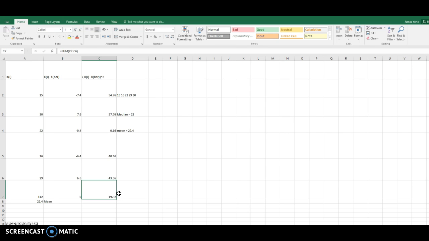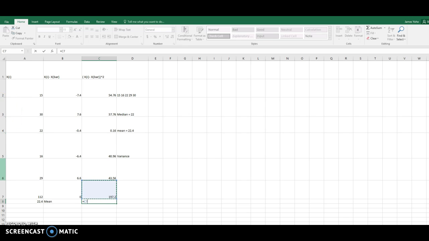Now to calculate the variance of a data set, we take the sum of x sub I minus x bar squared, and we divide it by n minus 1 for a sample.